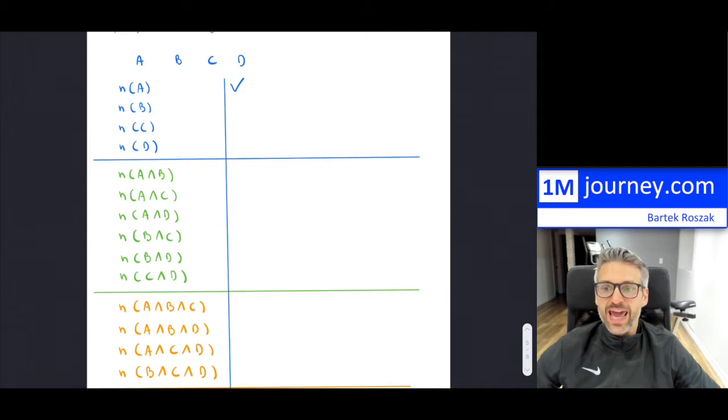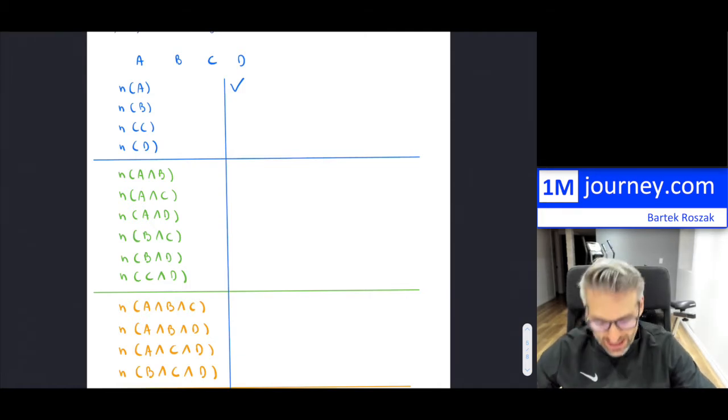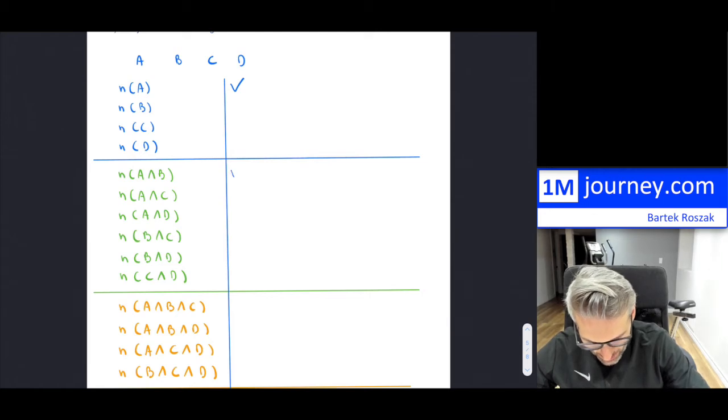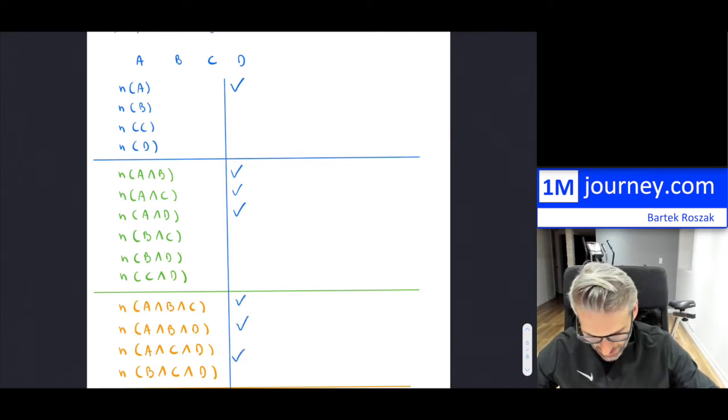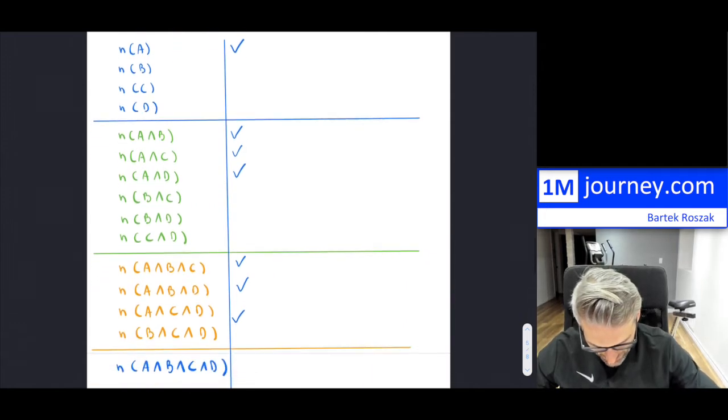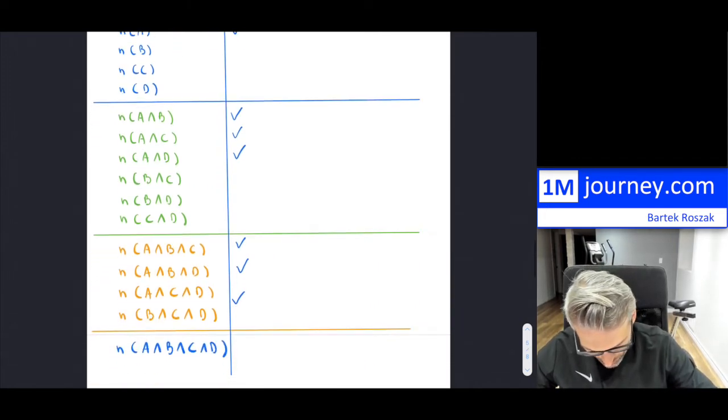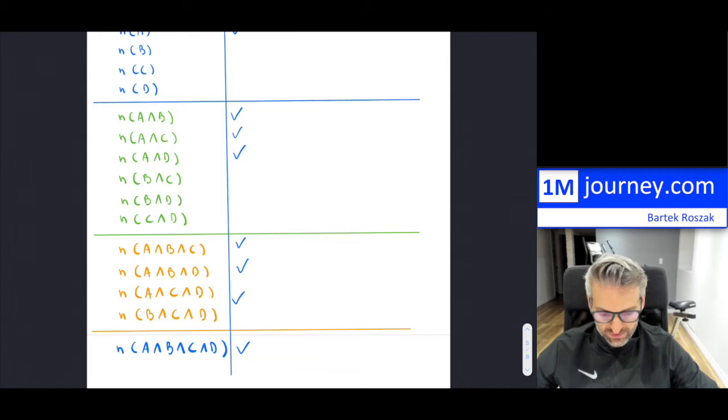If we count A, we can see where else we have counted A. Well, it would have been counted here, here, here. It would have been counted here, here, I guess right here. So that's there. And then it would have been counted here as well. So that's all my A's that would have been counted.